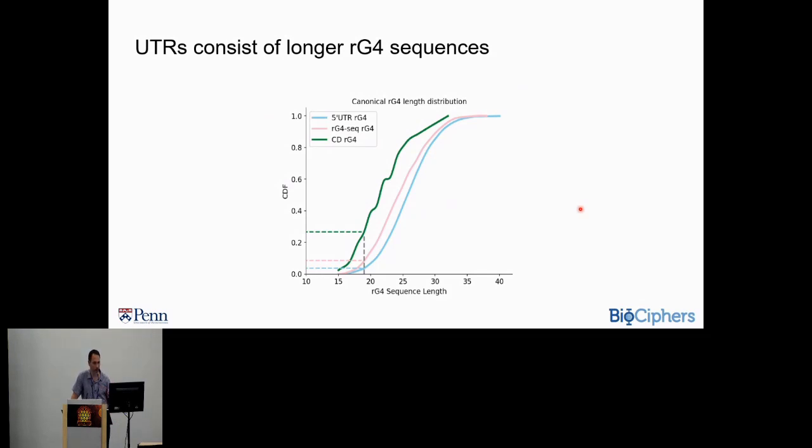The ones by RG4-seq is similar-ish to what we see in the 5' UTRs in humans, and the CD is way shifted, right? That's sort of maybe a lesson or a warning for us, because what happens, if you think of it, is people who use circular dichroism like to use short sequences because that's when you can see the signal, but it doesn't necessarily mean that that's what's actually happening in humans, right?